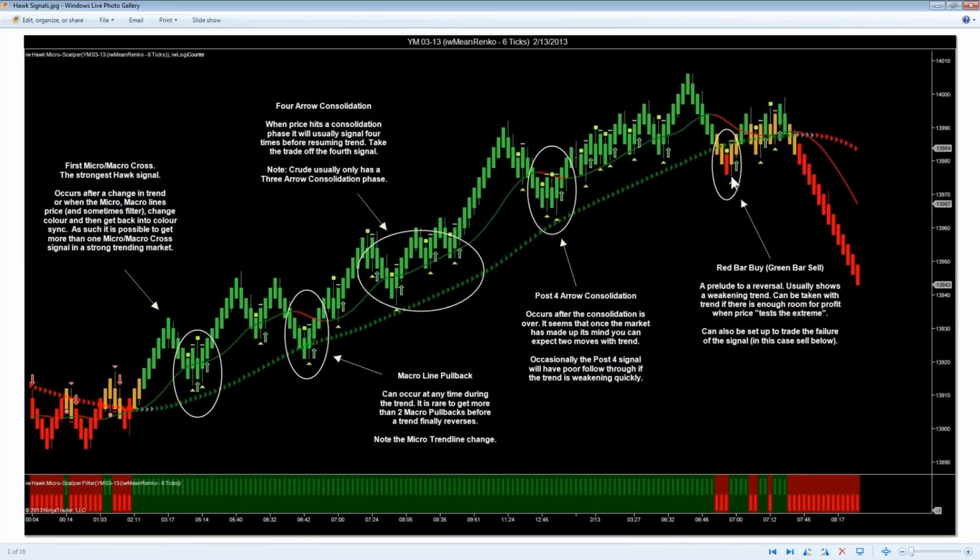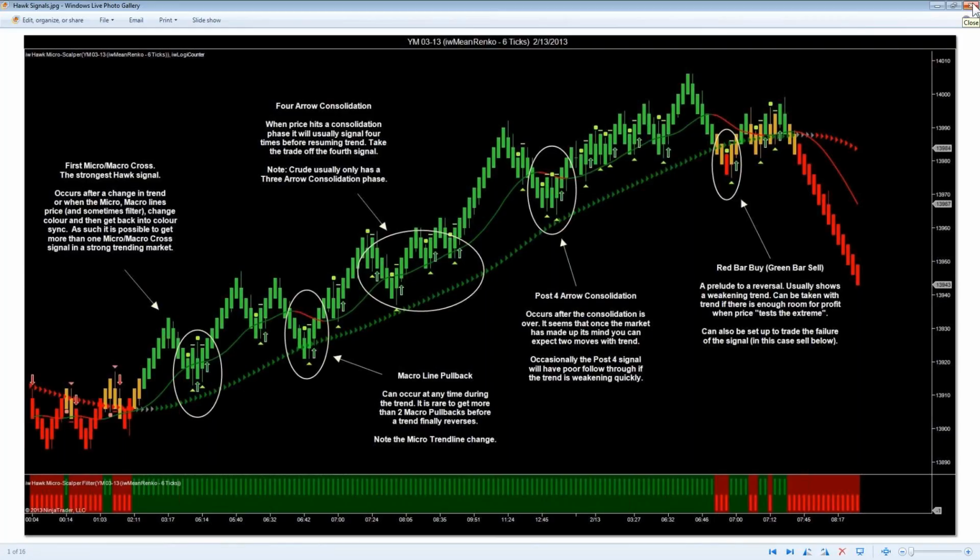And then your last signal is the red bar buy or the green bar sell in a downtrend. But this is one that you can trade counter trend as well, and you can look at shorting below the low. And sometimes you get some pretty dramatic moves as that unfolds.